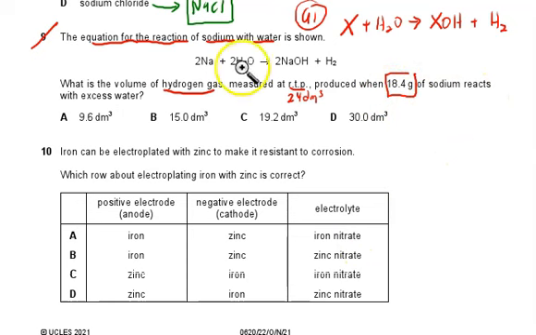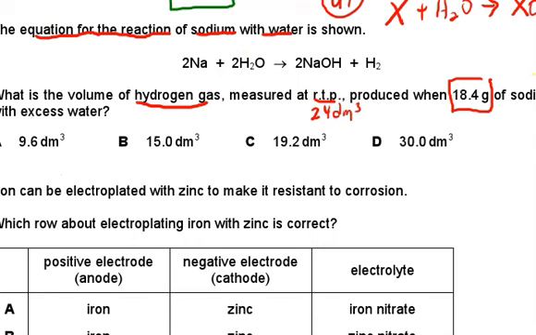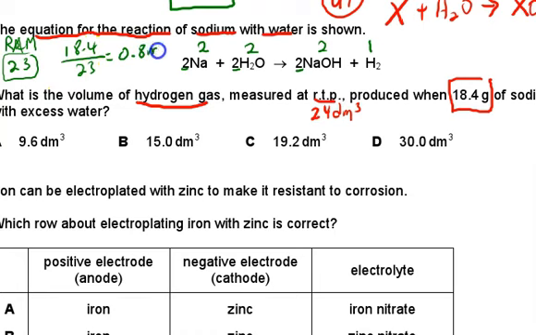So let me make it bigger. Now this is 2, this is 2, this is 2, and here is 1. Now let us calculate: 18.4 grams of sodium. Sodium is 23, the RAM. So we divide by 23, and we will be getting 0.8 mole.